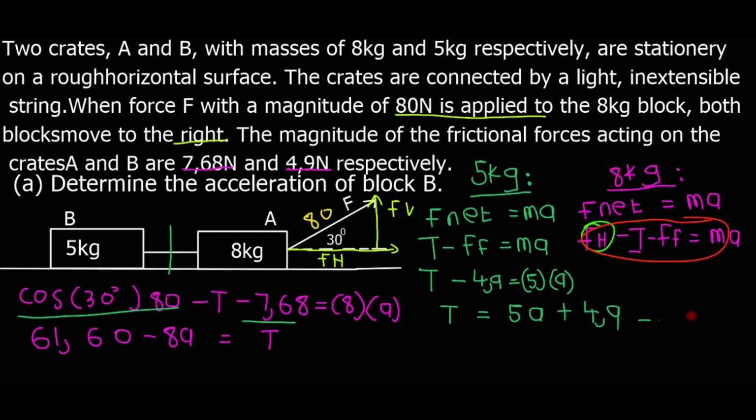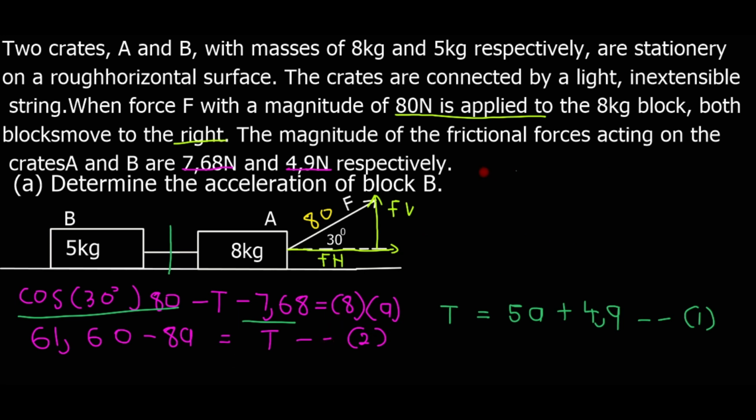Let's say this is equation 1 and this is equation 2. From there we equate them: equation 1 equals equation 2. So we have 61.60 minus 8A equals 5A plus 4.9.